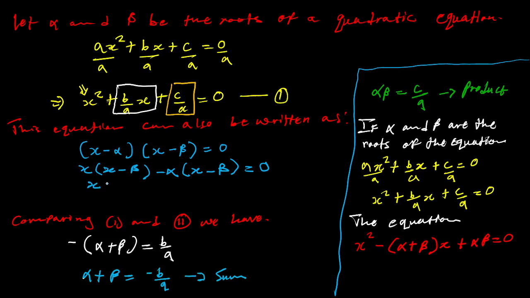Then x times negative beta is negative beta x. Then negative alpha times x is negative alpha x. Then negative alpha times negative beta is positive alpha beta, which should be equal to 0. Maybe the only part which you might get confused is the part where I had to factorize them.